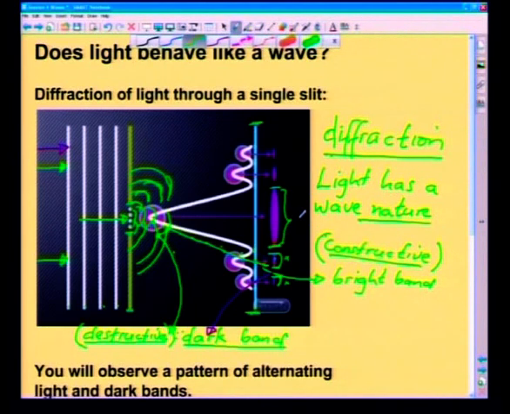So that's the central band for a single slit. We have constructive interference there, leading to that bright band at the center. The same thing happens here, where we have a dark band, a destructive interference. Constructive interference there, constructive interference there. And that is what's happening.